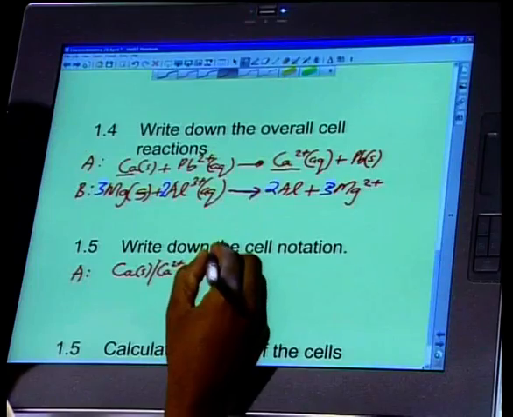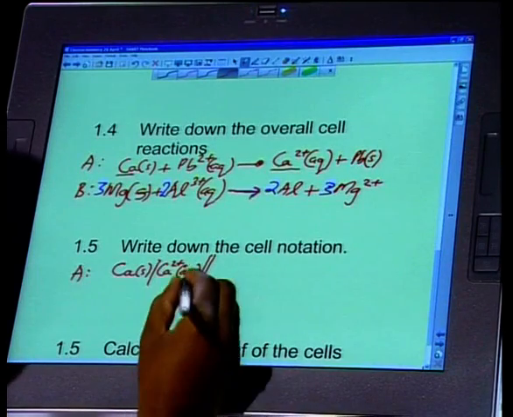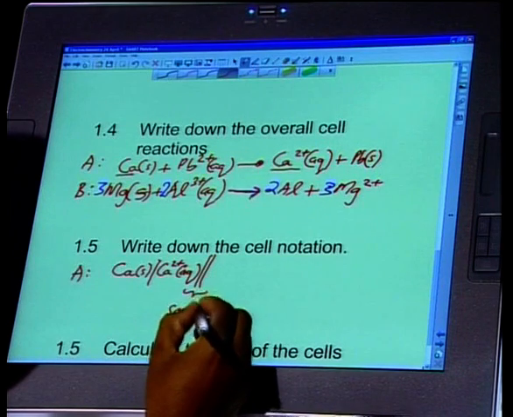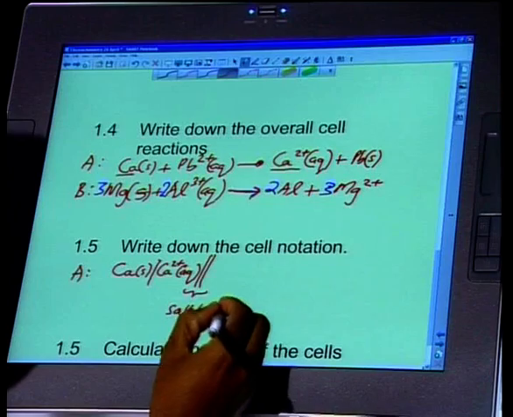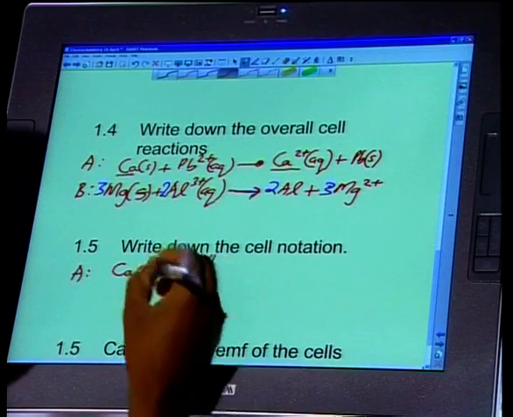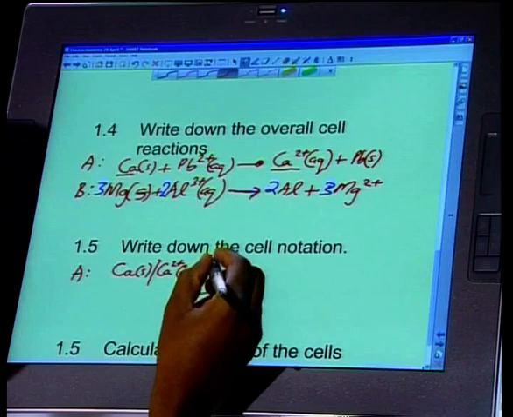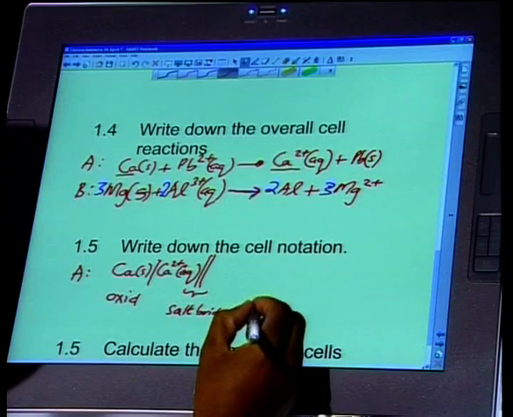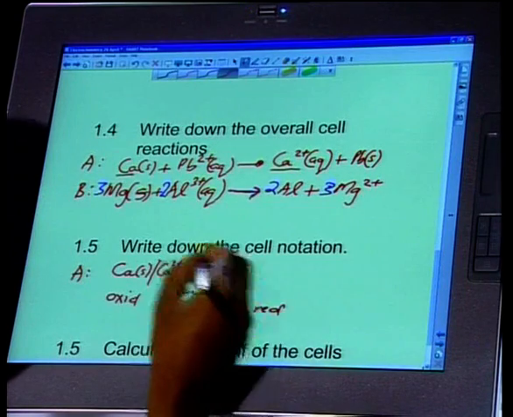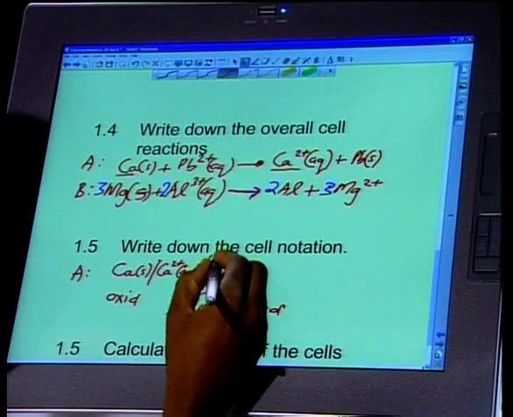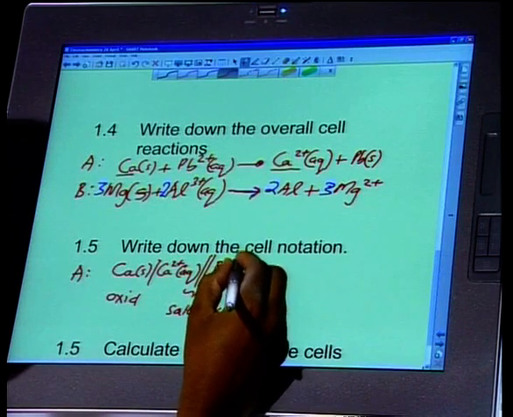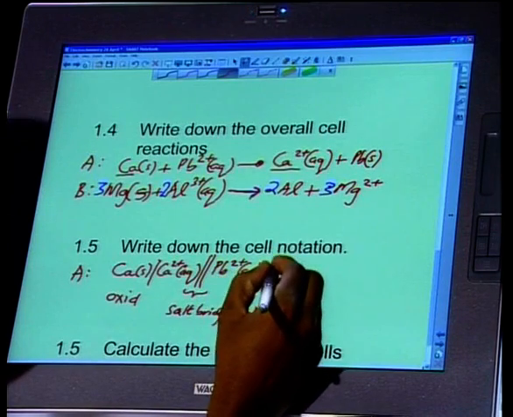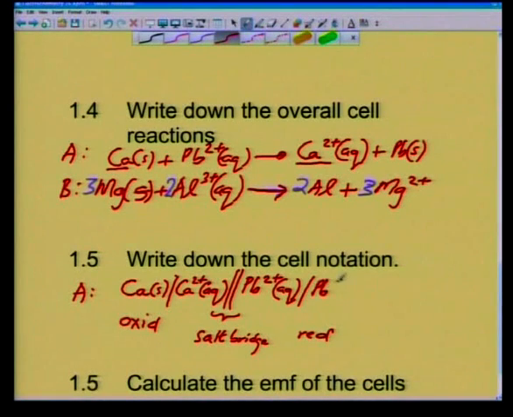In here, we use the double slash, and the double slash is a symbol for our salt bridge, right? And then we show what happens on the reduction side. We start with the oxidation, we end with the reduction side. On the reduction side, we see Pb starting as Pb2+ in solution and ending up as Pb solid.